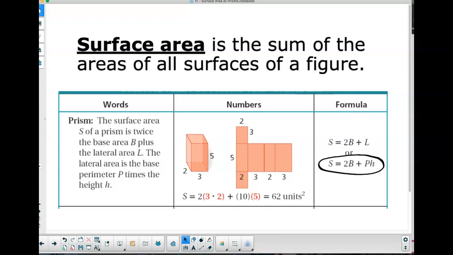All we have is a bunch of squares, or 2 squares in this case, and 4 rectangles. Do we know how to find the area of a rectangle? That's easy, right? Base times height. Do we know how to find the area of a square? That's easy too. Base times height. So instead of trying to deal with this formula that I think is kind of messy, we're just going to find the area of every one and add them together.